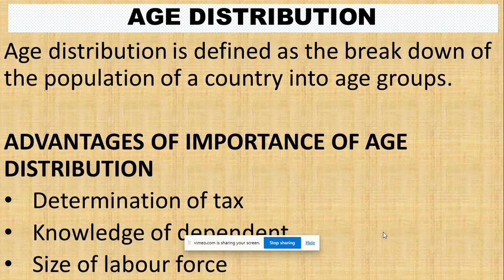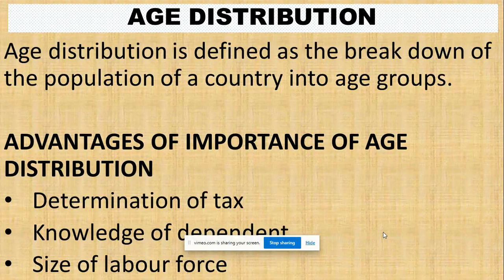And the last one is talking about age distribution. That is another subtopic under the determinants of population growth and size. Age distribution is defined as the breakdown of the population of a country into age groups. We can decide to group our people that are living in a particular country, maybe 0 to 5, 6 to 10 years, 11 to 15 years.